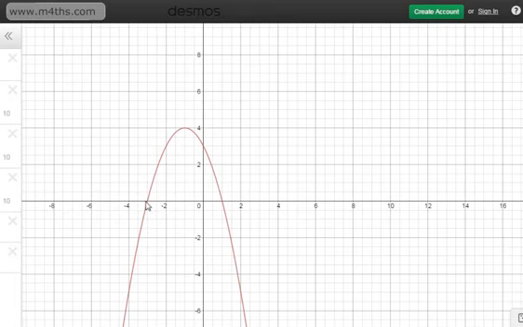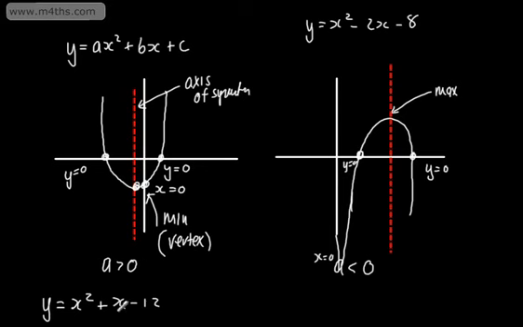Negative quadratic, we've got 2 real solutions, we've got a point of intersection with the y-axis, and we've got a maximum point just here. When we have the quadratic in the form ax² + bx + c = 0, if a is equal to 0, we have a straight line. So our quadratic term must have some value on there.